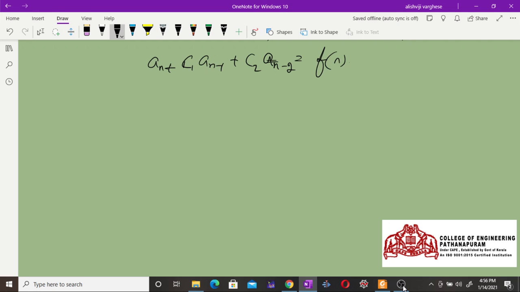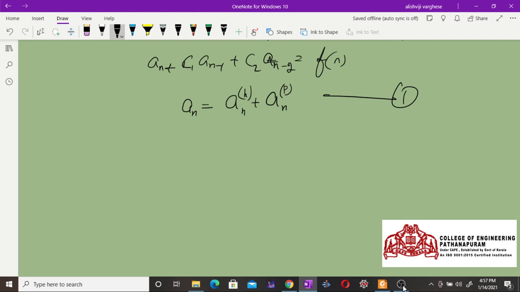Then such a non-homogeneous recurrence relation possesses a solution of the form a_n, which has two parts. One is the homogeneous part, which is usually denoted by a_n^h, plus a particular part, which is a_n^p.